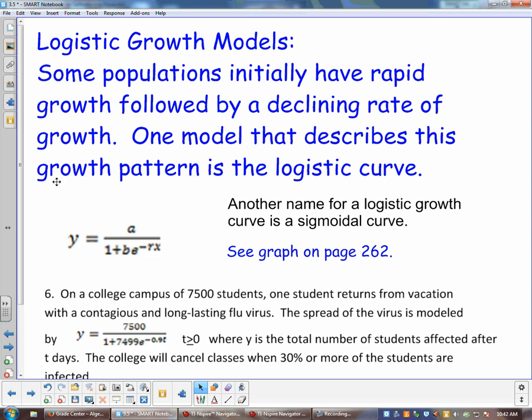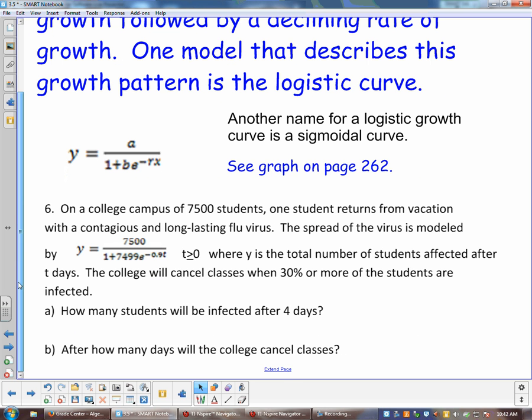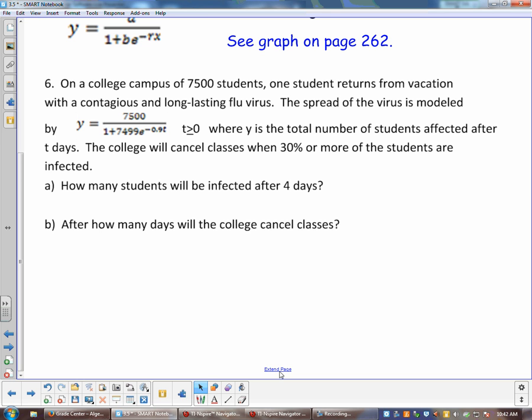Let's take a look at number 6. Is this on your gift? On a college campus of 7,500 students, one student returns from vacation with a contagious and long-lasting flu virus. The spread of the virus is modeled by that logistic growth curve equation, where t is greater than or equal to 0, and y is the total number of students affected after t days.